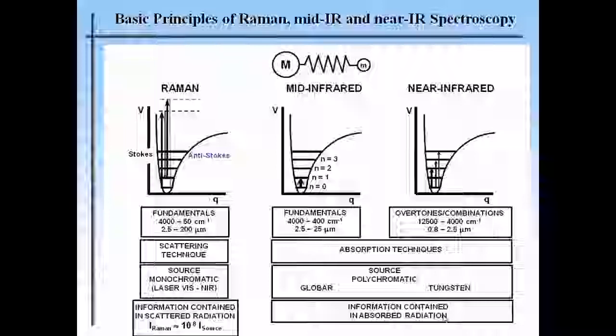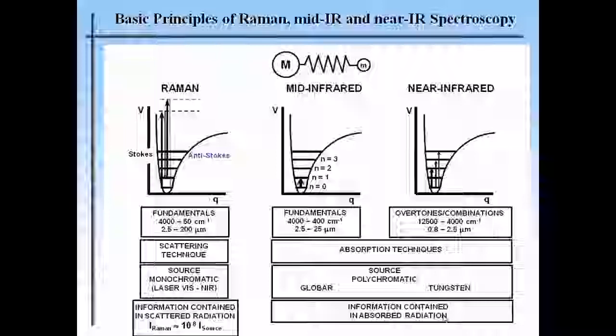Let's start here because this is the easiest. In mid-infrared, we focus on fundamental vibrations, and fundamental vibrations are vibrations where you just go over one energy level, from the ground state to the first excited state. These are the fundamental vibrations. This arrow is fat simply because a fundamental vibration has a much higher intensity than a first overtone, a second overtone, or a third overtone.